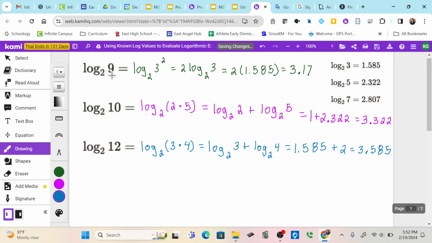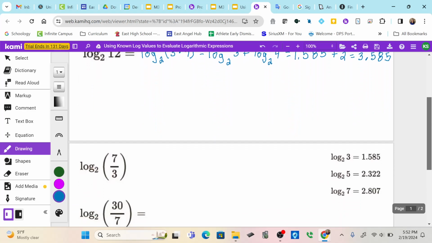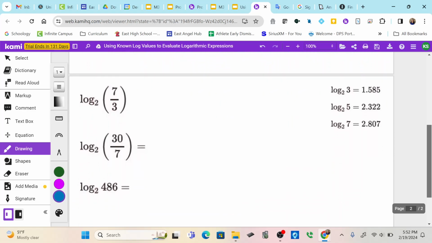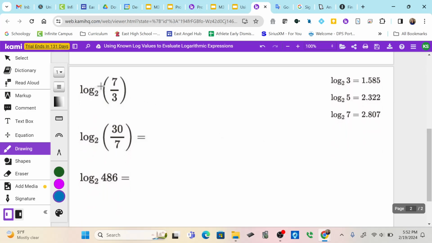So the key is being able to break down the argument into factors so that we can find values using known values. Let's take a look at our next 3. You'll notice here we have some quotients. We have division happening.